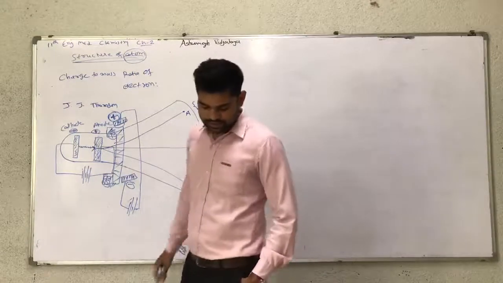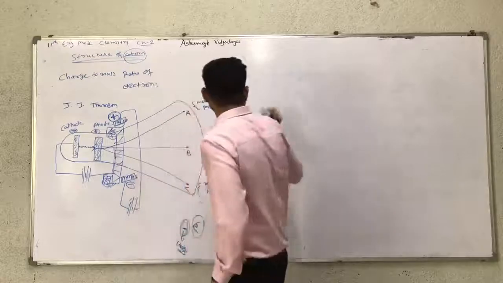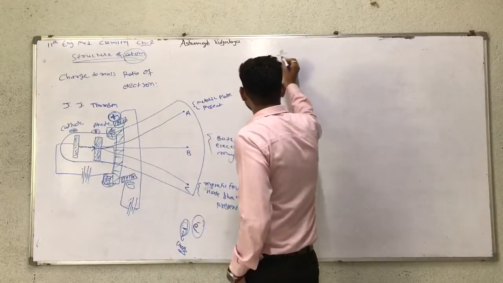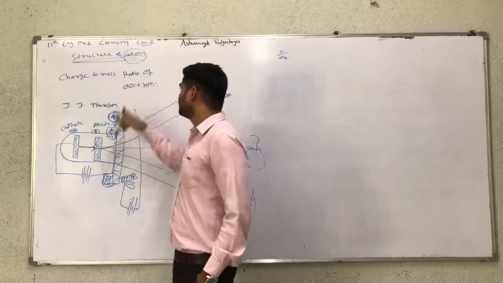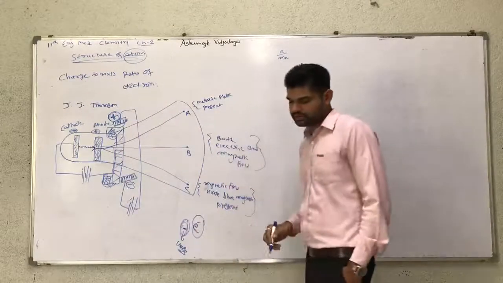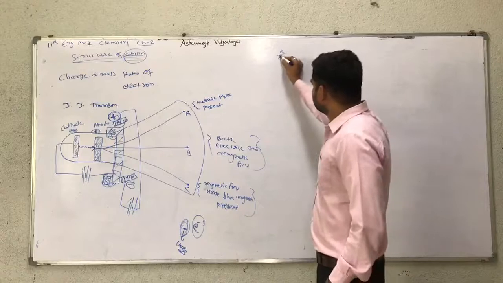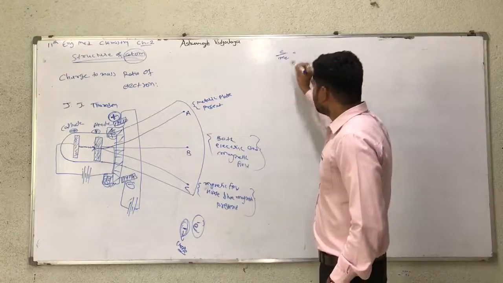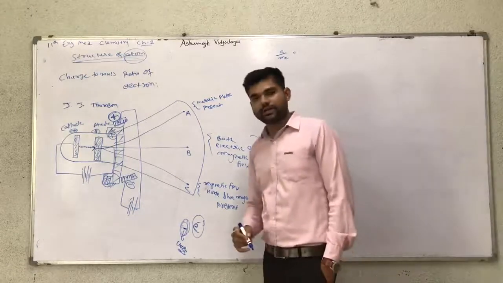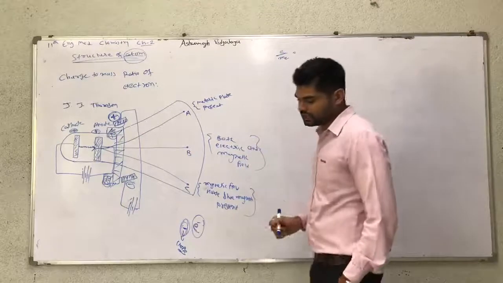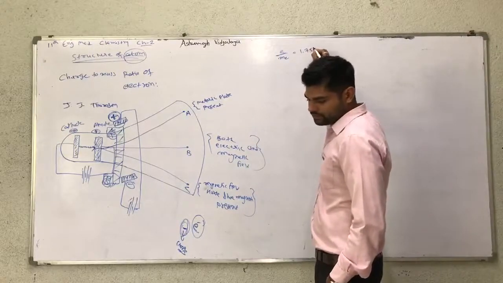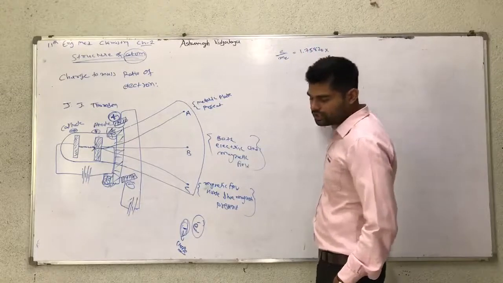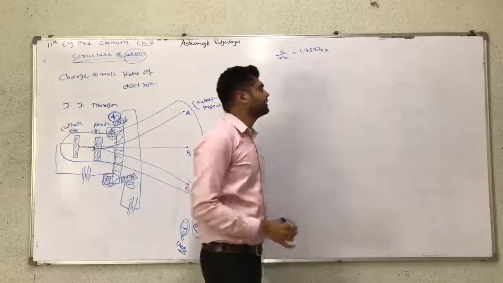From this experiment J.J. Thomson gave the ratio of charge to mass of electron, that is, charge of electron divided by mass of electron. The value of e divided by me is equal to 1.75820 into 10 raised to 11.